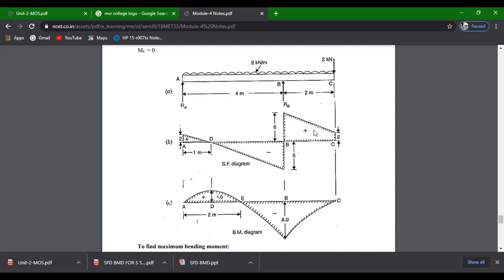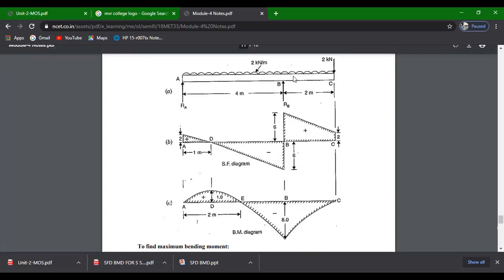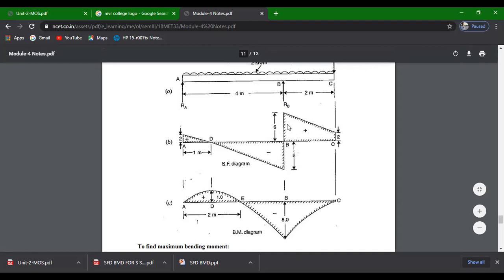The way we represent the SFD in case of UDL is this inclined line. Here the value of RB will be a large amount, by solving the question. From here to here, the negative bending moment will be produced.